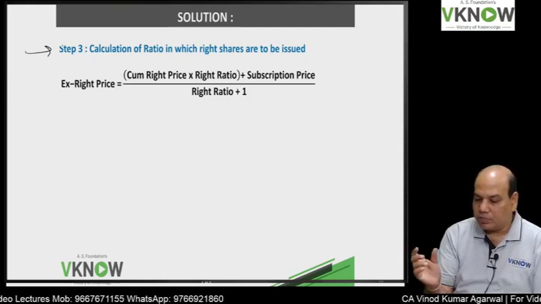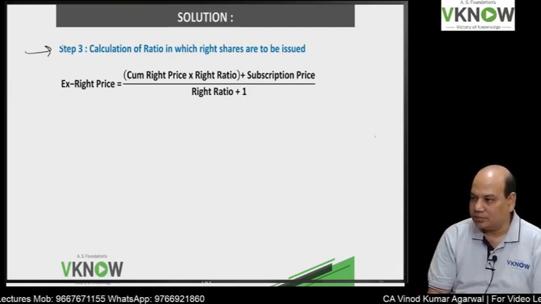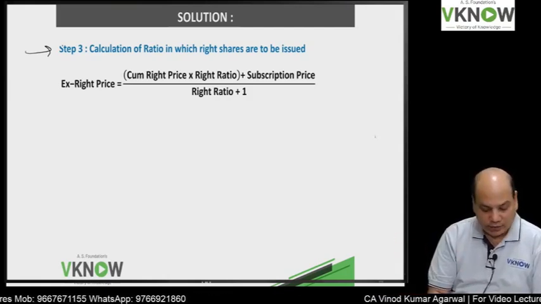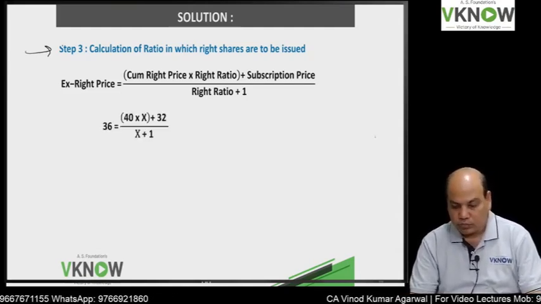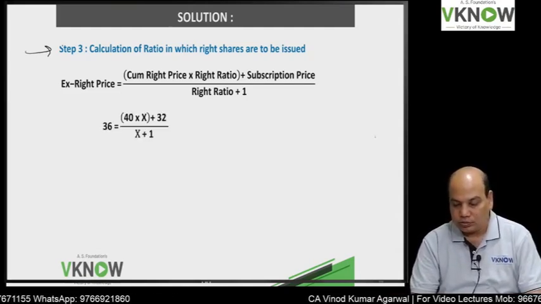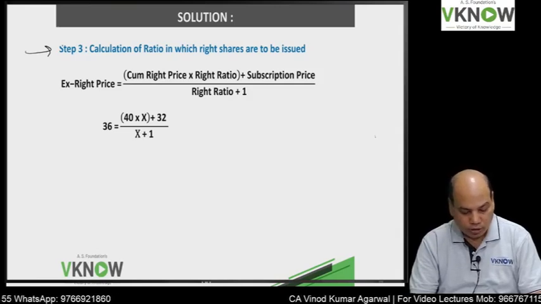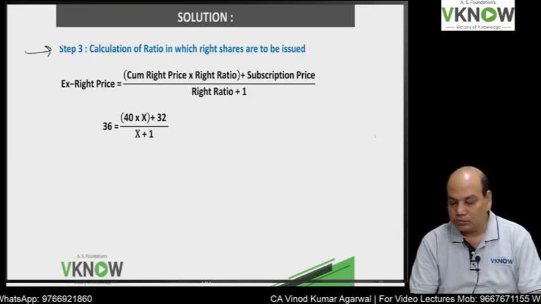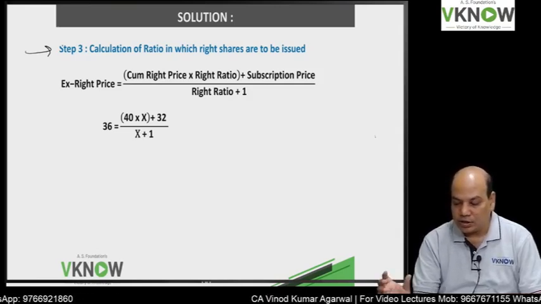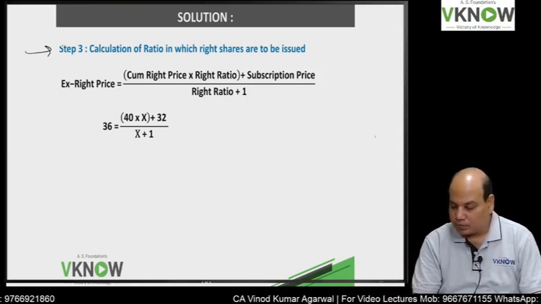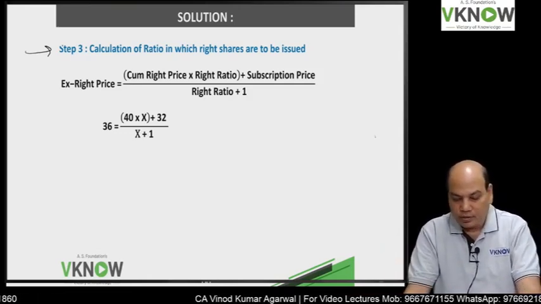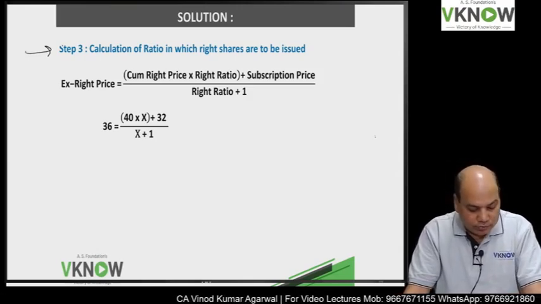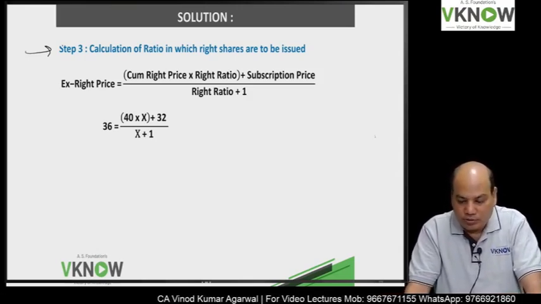This is basically the formula of weighted average rate. So now you put the values. 36 is equal to 40 into X, where X is the rights ratio, plus 32, which is the subscription price, divided by X plus 1.